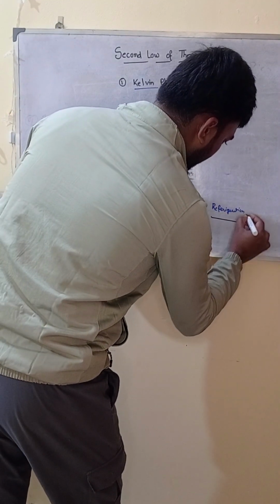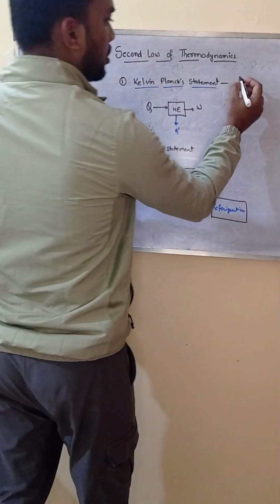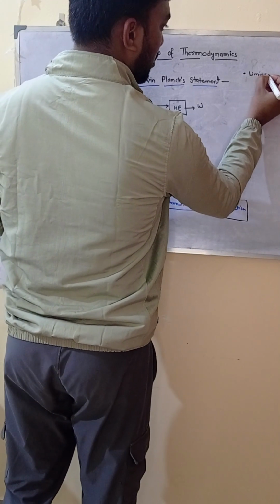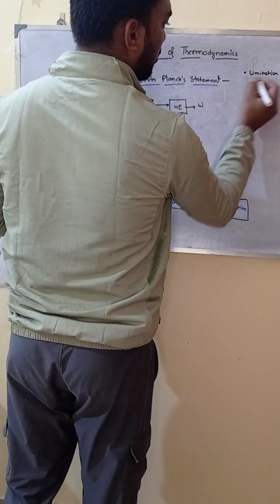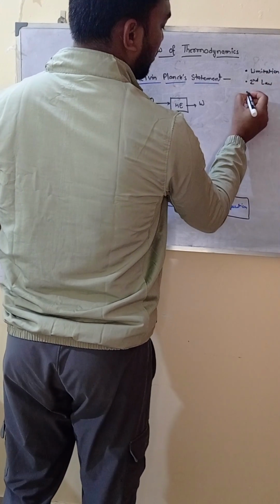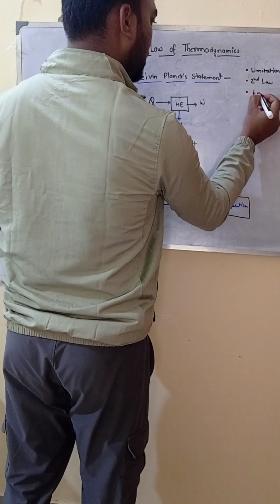So basically we have talked about the limitations of the first law and what the second law of thermodynamics is. We have also talked about entropy.